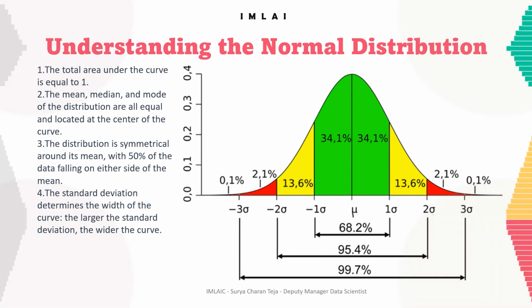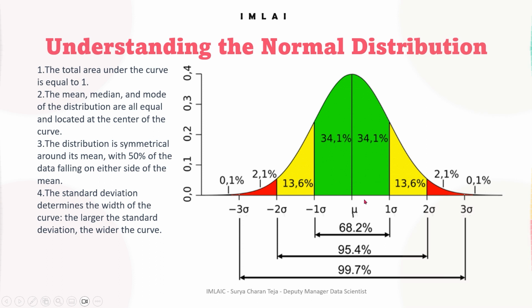So this means that for a normal distribution, the majority of the data is clustered around the mean, and the further away from the mean the data falls, the less likely it is to occur. For example, if a normal distribution has a mean of 50 at the center, and a standard deviation of 10, then I will have the value 50, and 60, 70, 80, and minus 10, minus 20, minus 30.